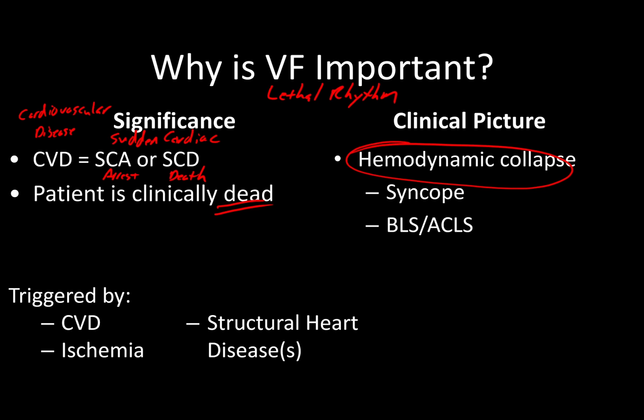So cardiovascular disease, a triggering event such as ischemia or something else, causes the sudden cardiac arrest, where the patient winds up having full hemodynamic collapse. They drop in BP, no pulse, stop breathing. And that's why they need absolute and total support to survive.